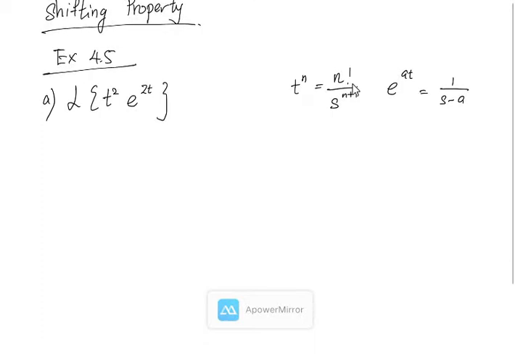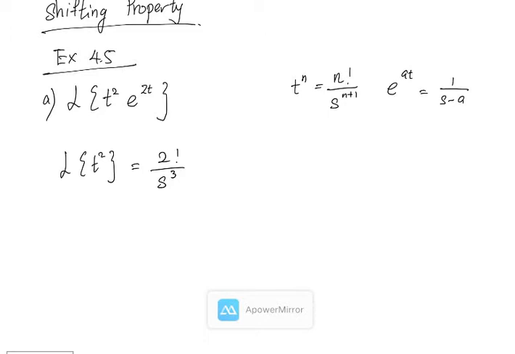So from the question, the Laplace transform of t squared, you get 2 factorial divided by s power of 3. So what about the second one, this exponent 2t? For the exponent at, you get 1 over s minus a.